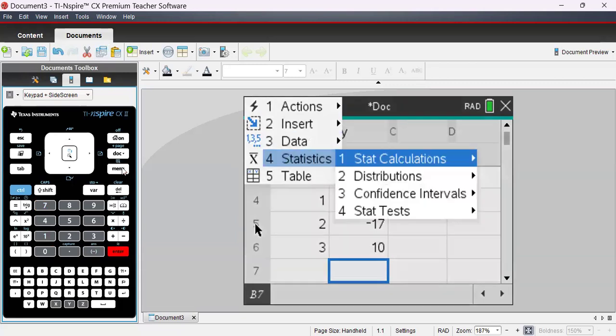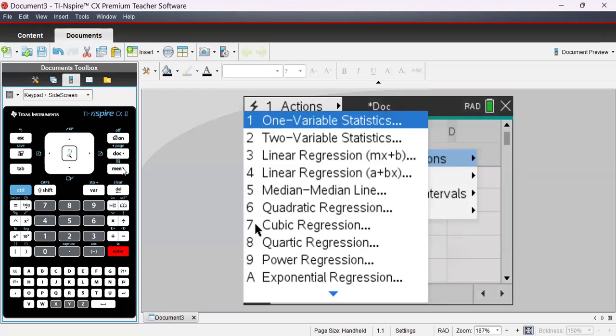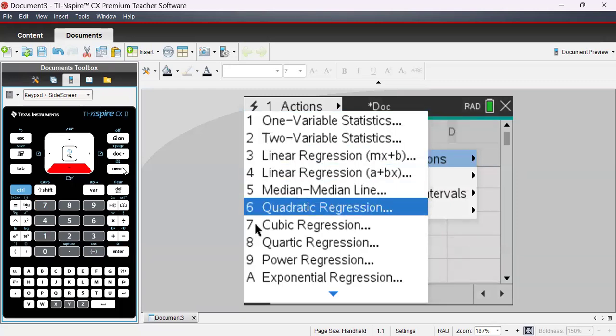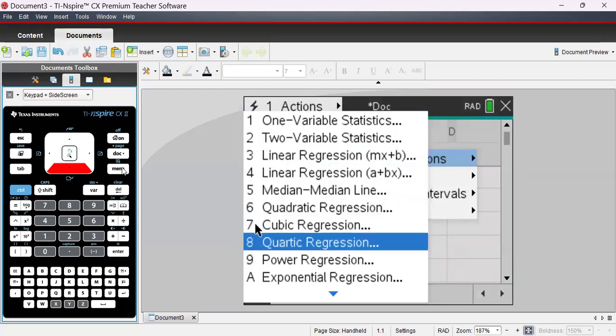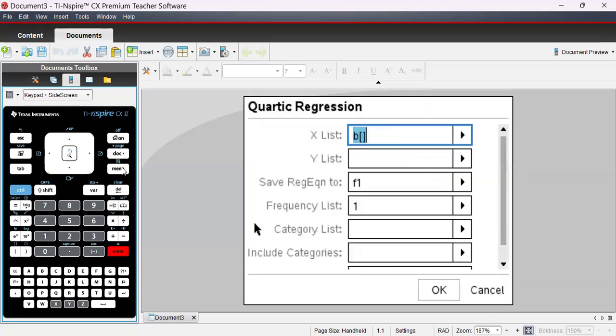Menu, statistics, stat calculations, and they want a quartic, not a quadratic. There's quadratic and there's quartic, so do not get those mixed up.